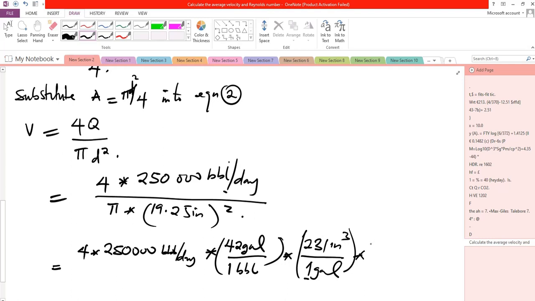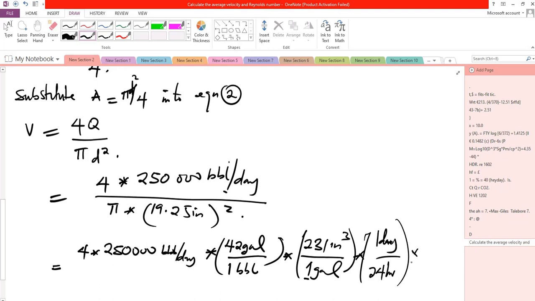Now we need to change the day. So 1 day is the same thing as 24 hours. So the day will cancel out, and it will be inch cube per hour now.